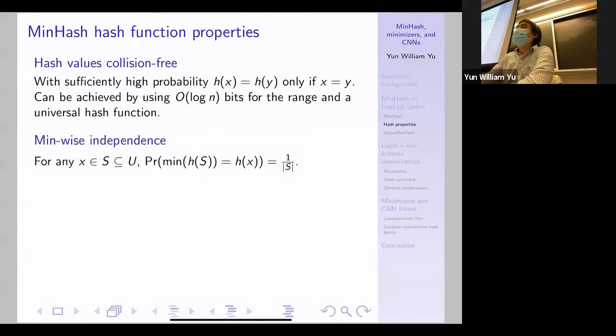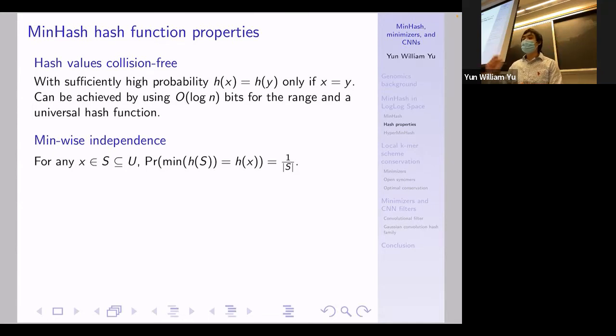The other really important property, which we didn't cover as much in class, is minwise independence. This is key to having MinHash work: you want the probability that something is the minimum of some set under this permutation to be equal to 1 over the size of the set. So you want every single item to have equal probability of being the minimum.